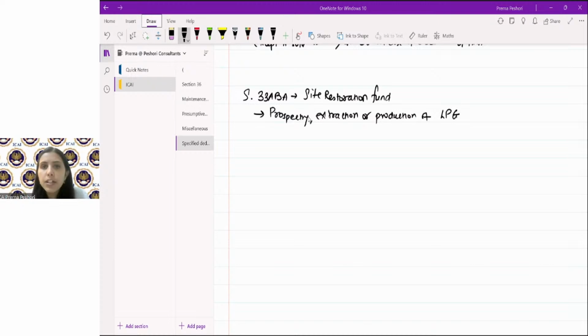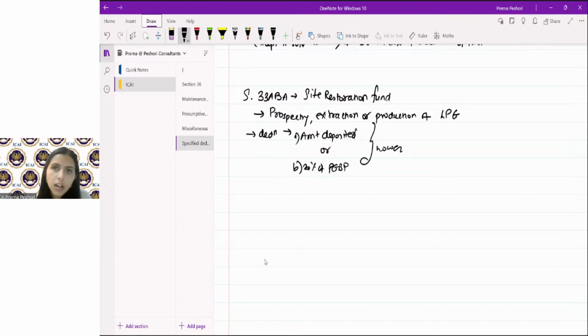So, the quantum of deduction in this particular case is very similar to 33AB only. Deduction will be the amount deposited or 20% of PGBP, whichever is lower. Amount deposited or 20% of PGBP. And the time limit for making the deposit is before the end of the previous year, right?